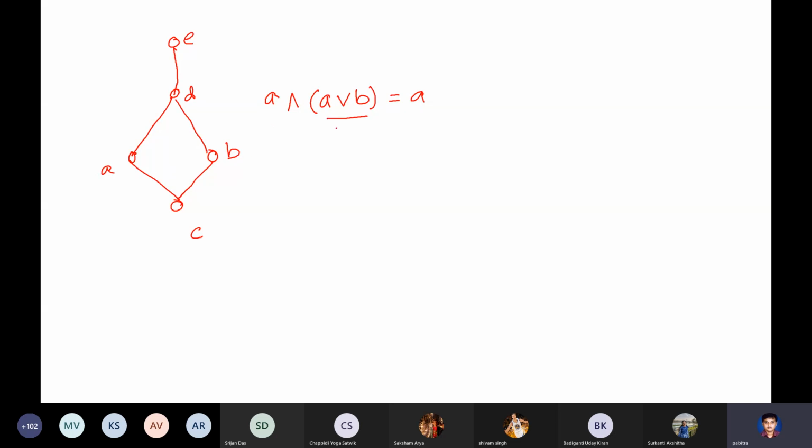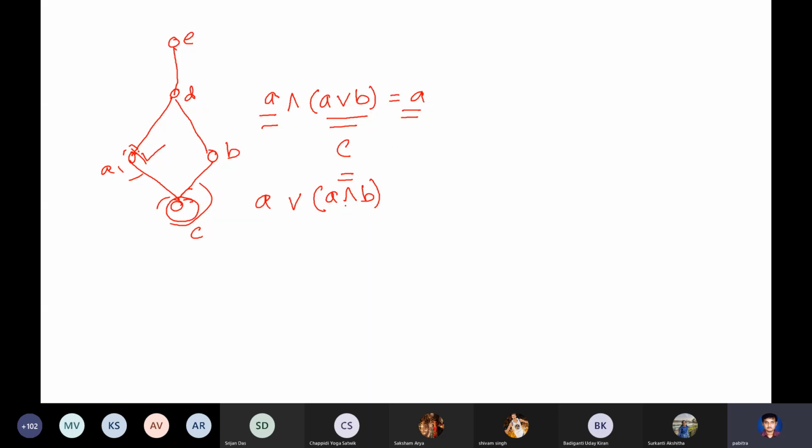It is C. And what is the least upper bound of A and C? It is A itself, so I get back A. I can say the same thing about join also, the dual of this.